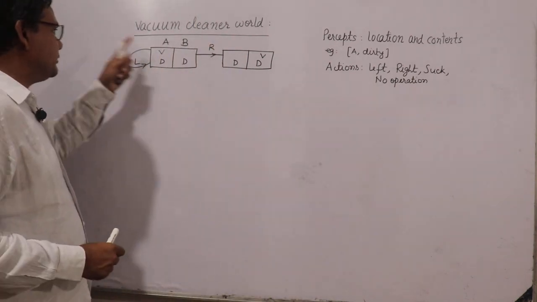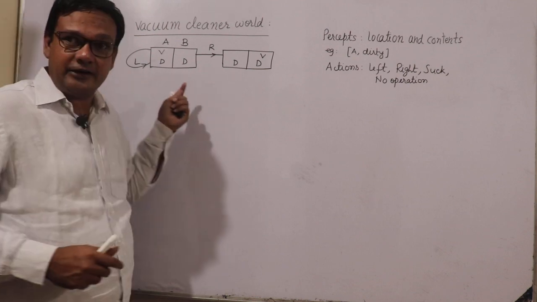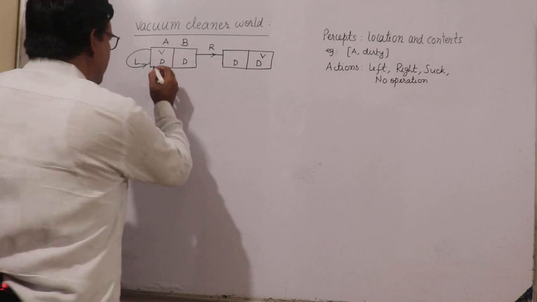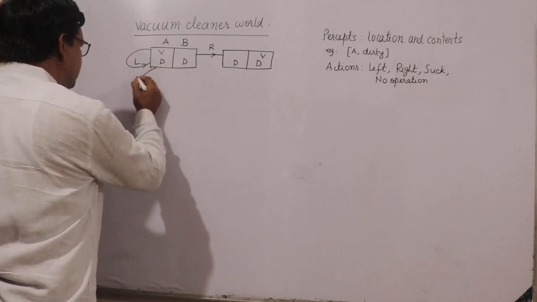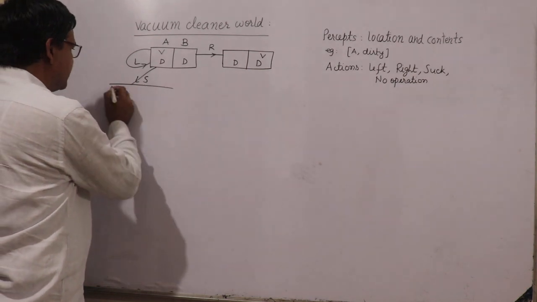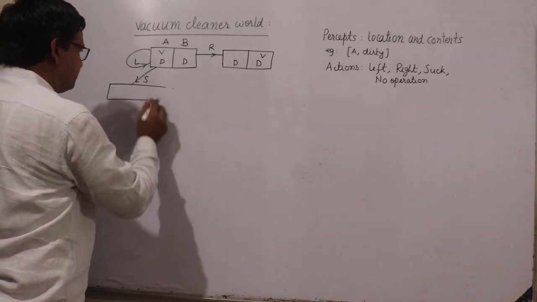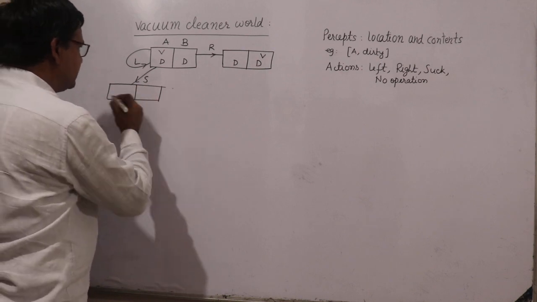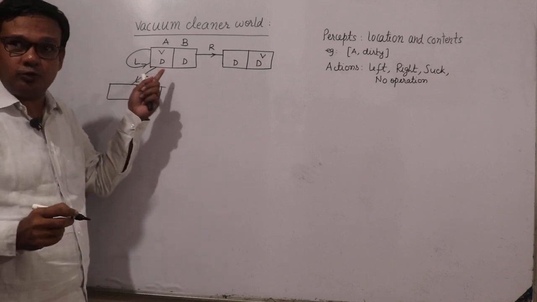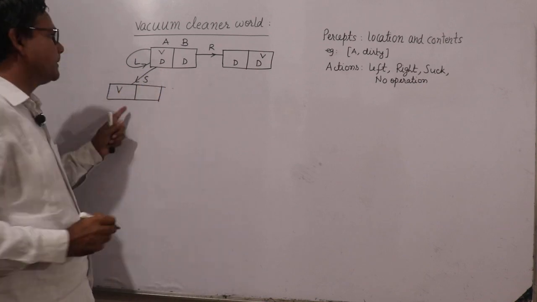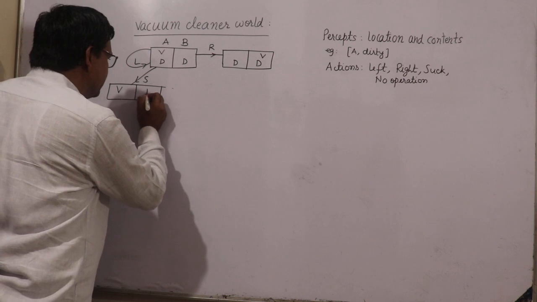Moving left means it is doing nothing. If it sucks the dust, what will happen? This will be the state in which there will be no dust in room A, and in room B there will be dust.